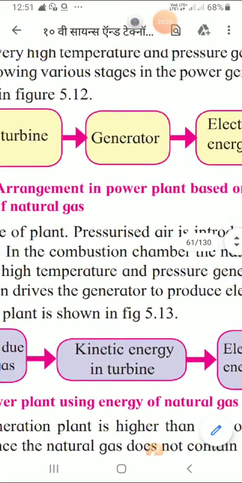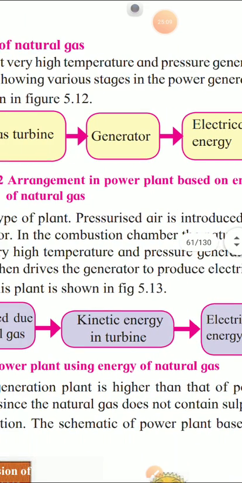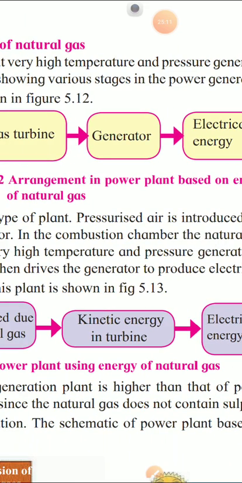So this is all about the arrangement of the power plant based on energy of natural gas. This is the flow chart for that. So you can see here easily now. Now there are three main sections in this type of plant.